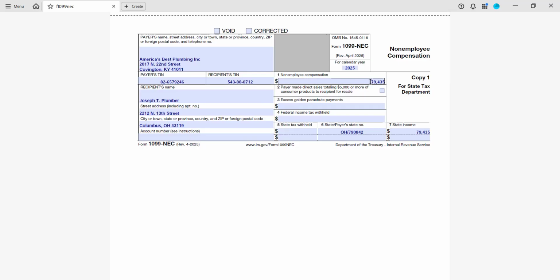Now, check this out. If you're a contractor that has to buy materials, such as a plumber, material and supplies, the total amount that the company paid you for your labor and the material and supplies is going to be included in this number.